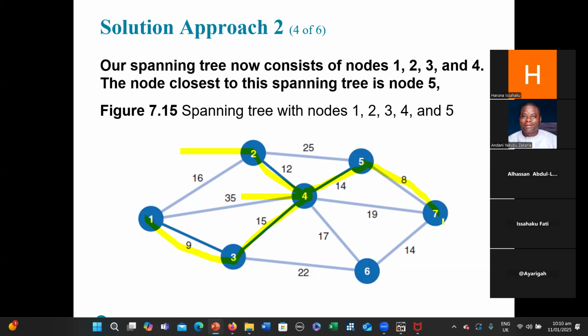Then you see that only one suburb in the community has not been connected, which is 6. So which is the shortest route to 6, which has not yet been connected? You see that it is from 7 to 6.